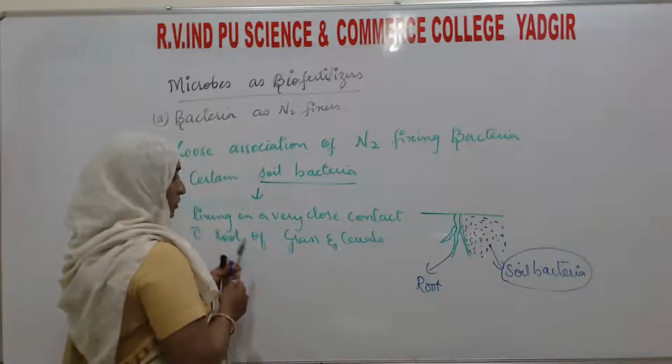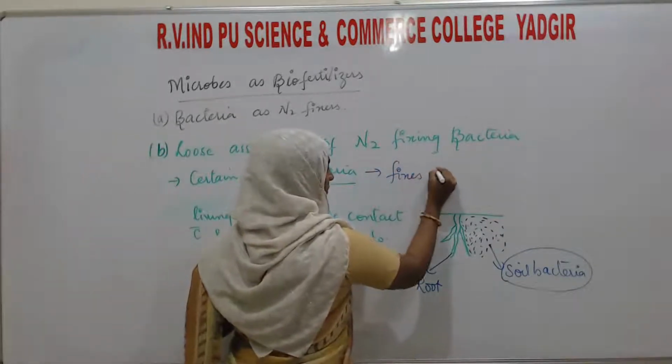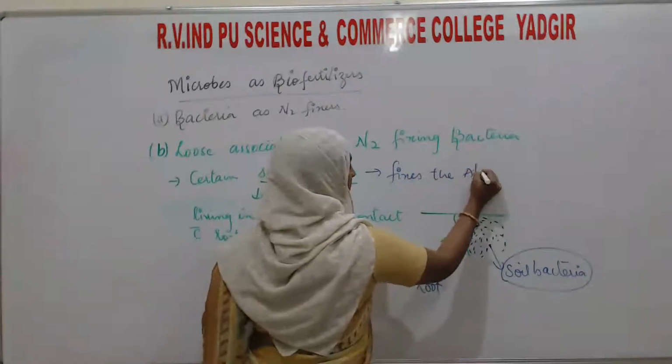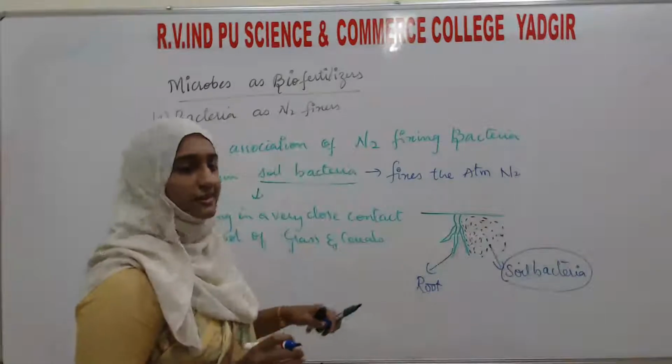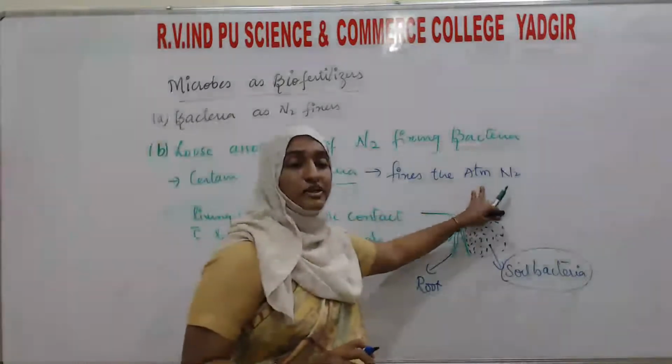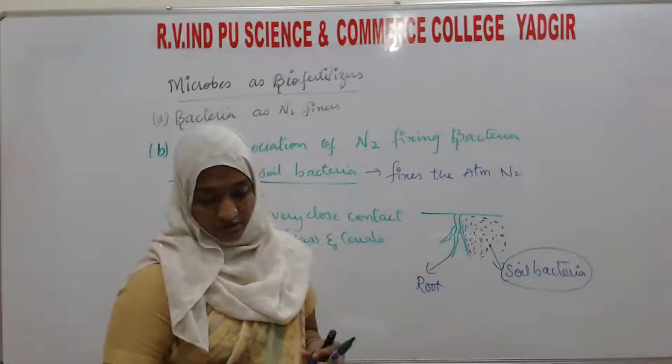This soil bacteria fixes the atmospheric nitrogen. For this reason, for fixing the atmospheric nitrogen, they are living in very close contact with the roots.